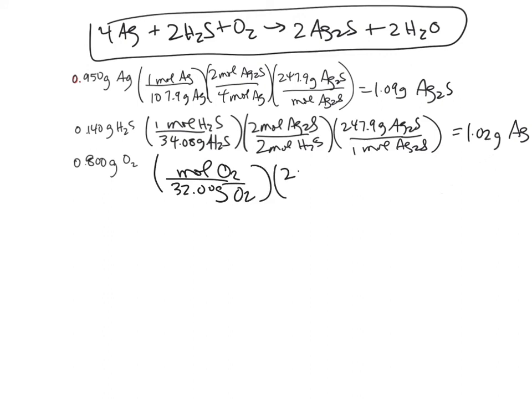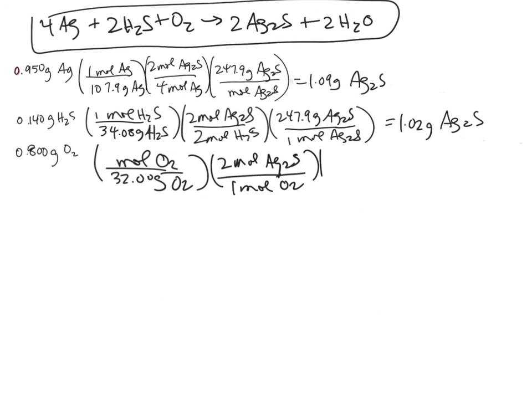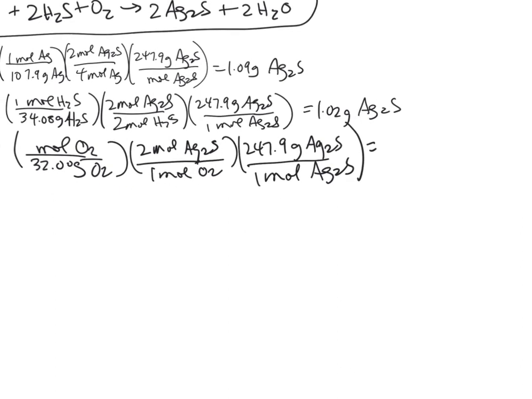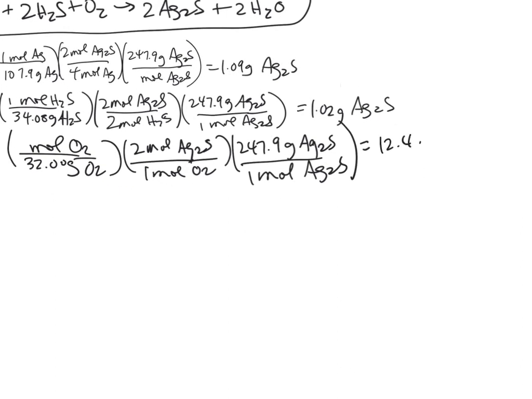In this case, you got 2 moles silver sulfide for every 1 mole of O2, and use molar mass again, 247.9 grams silver sulfide for every 1 mole silver sulfide, and this is 12.4 grams silver sulfide.